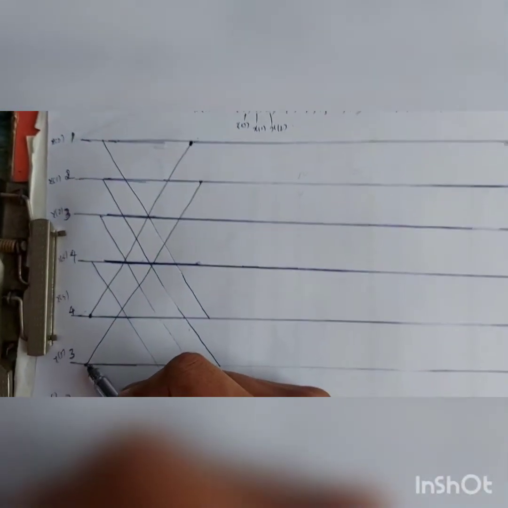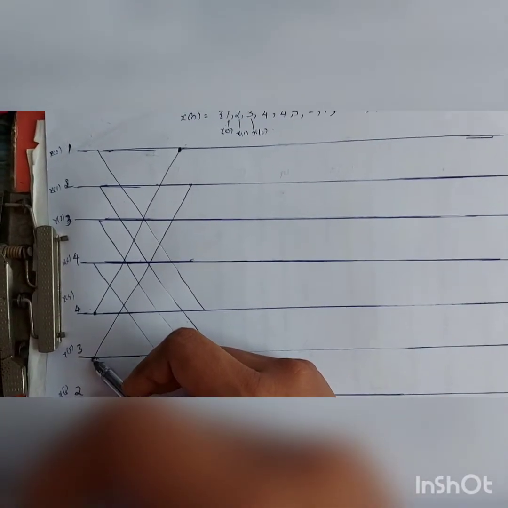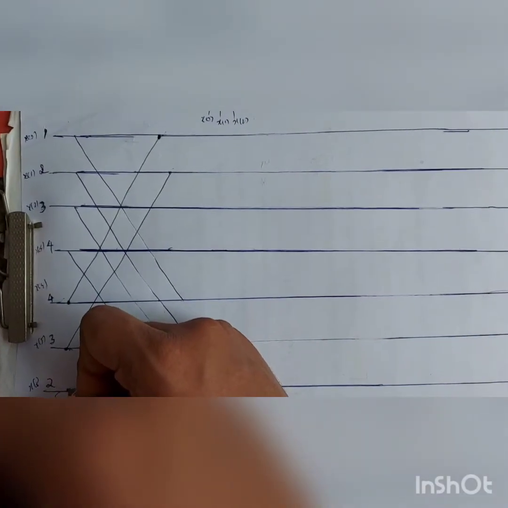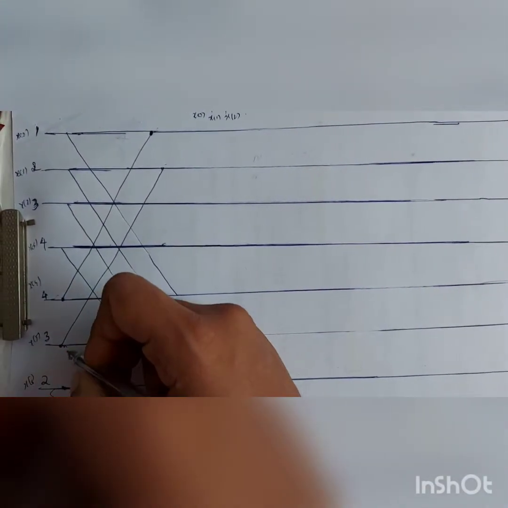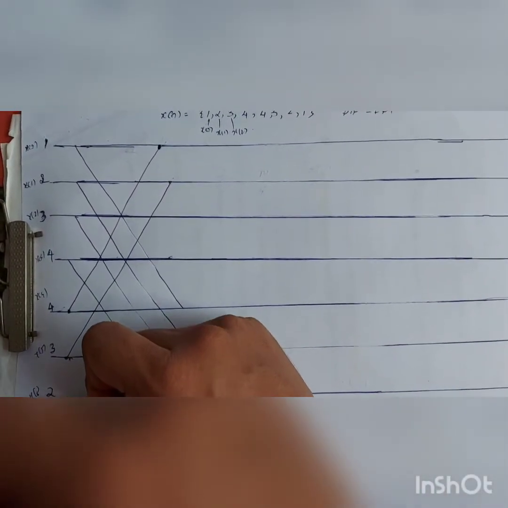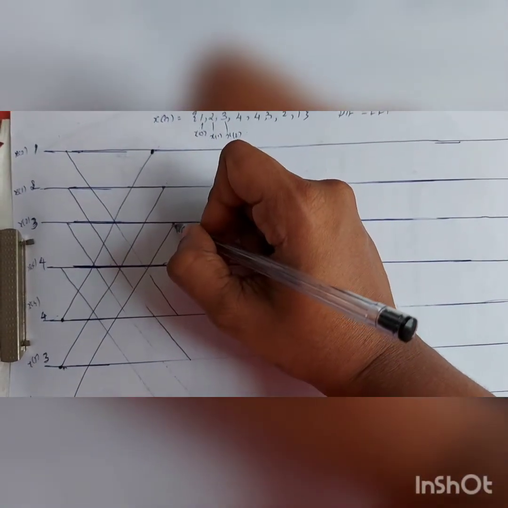From the 5th x of 5, that is this sample, 5th line, you're going to the first line. From the 6th line you're going to the first line. From the 6th line you're going to this third line. The 7th line you're going to the third line.